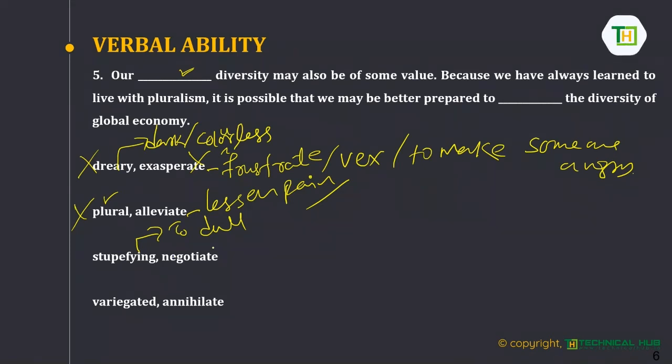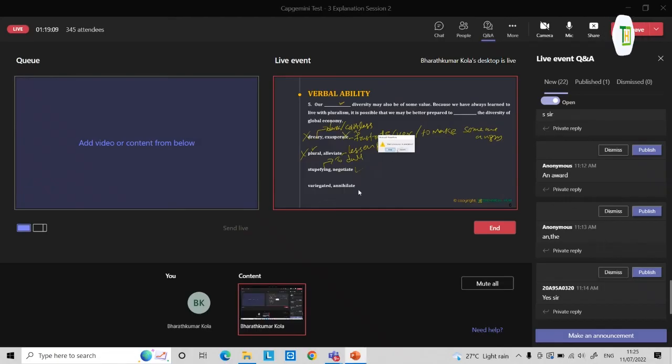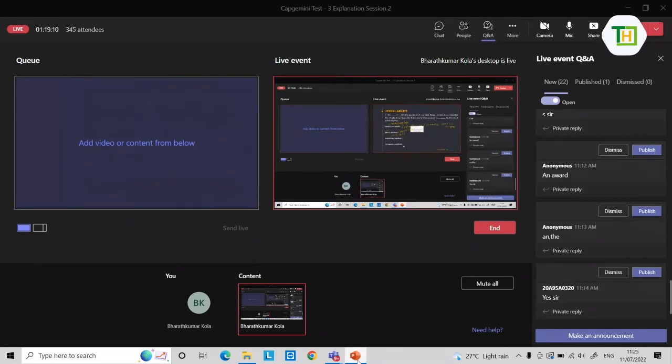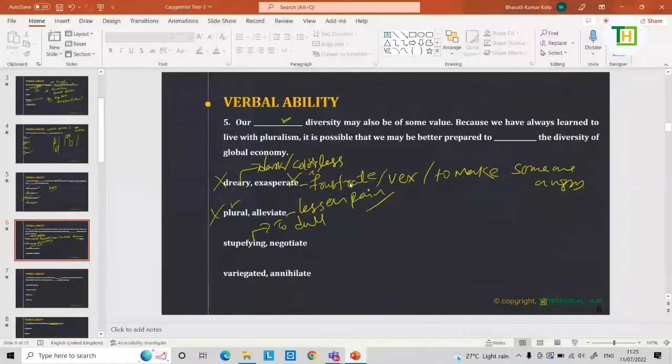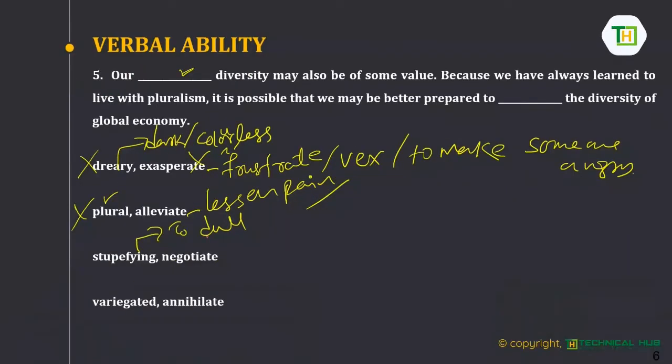Okay, so next one, negotiate. We may be better prepared to negotiate the diversity of the global economy. Okay, so the last two words also we'll see.